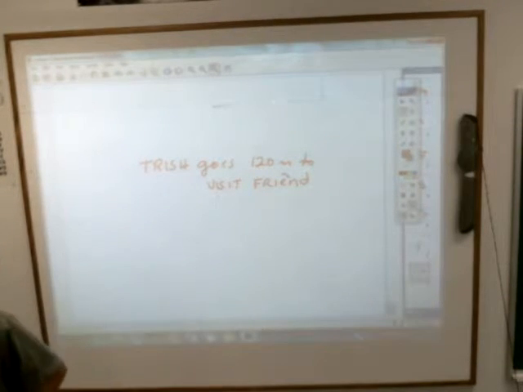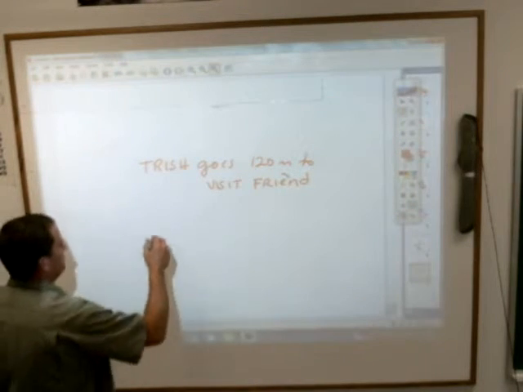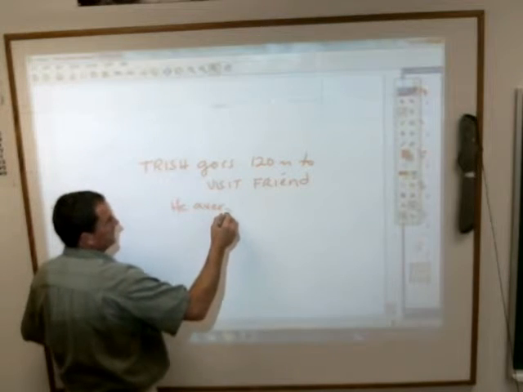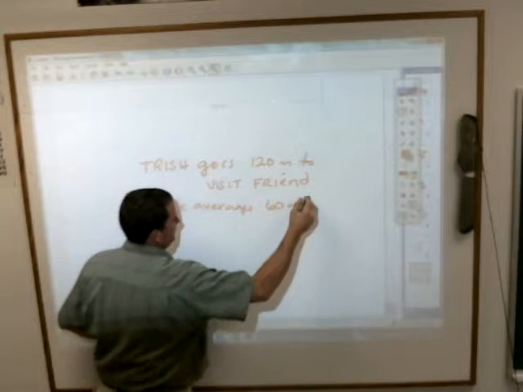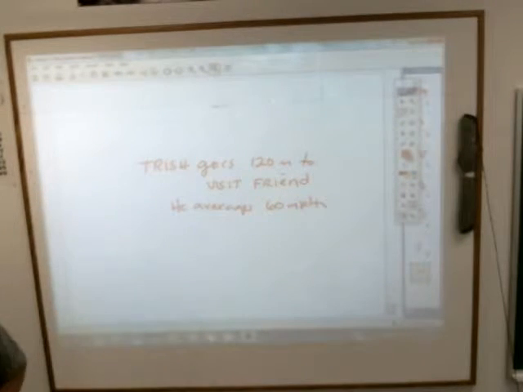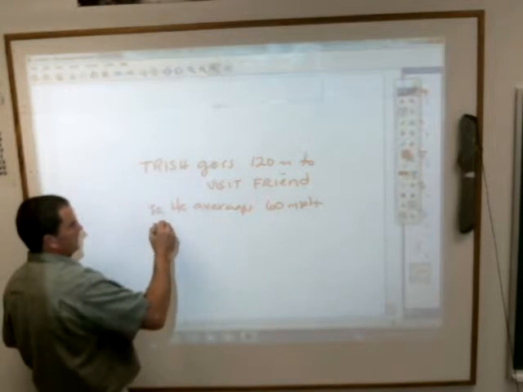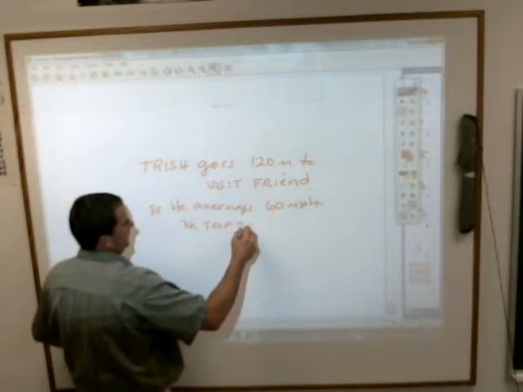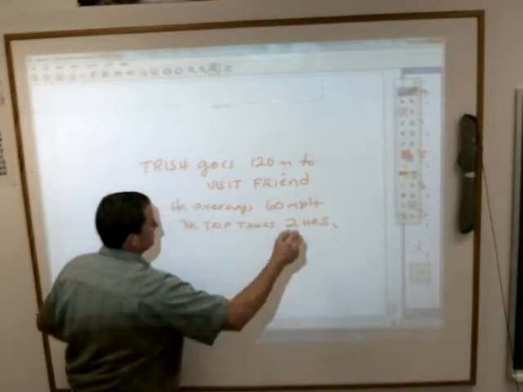He averages 60 miles per hour. The trip takes how long? 2 hours.